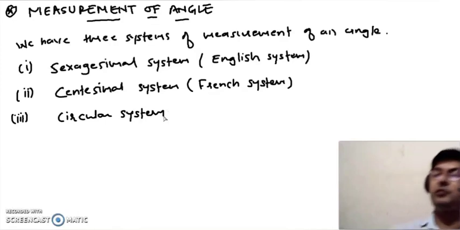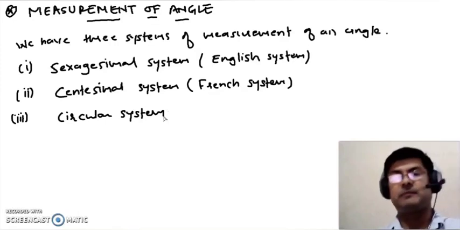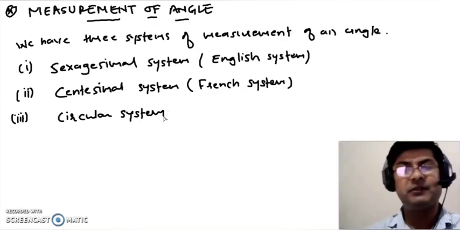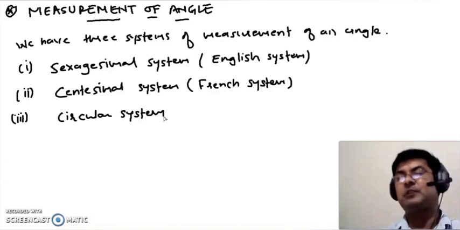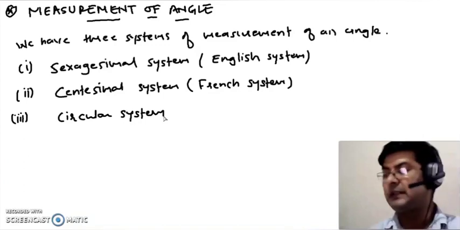Now we will go through all the three systems one by one. Let us begin with the sexagesimal system or English system of measurement of an angle.